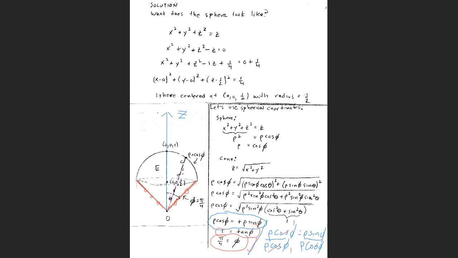If I were to draw this line segment here, protruding from the origin, going out to the sphere, stopping at the sphere, every point is going to have a rho that ranges between what values? What does rho range between? What's rho right here at the origin? What's rho equal to there?